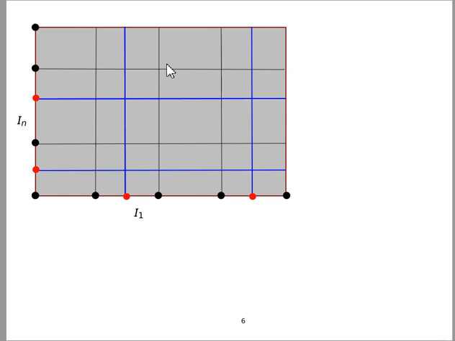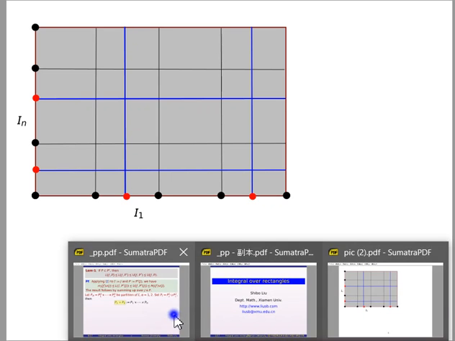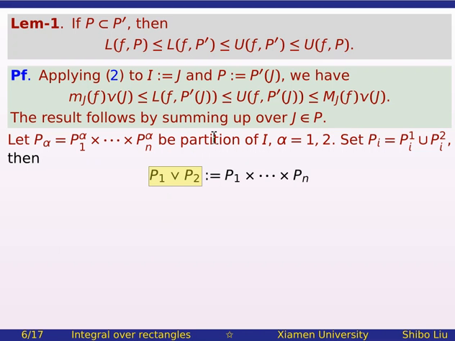For P2 we have 9 rectangles. For P1 we have 12. But for our new partition constructed in this way, denoted by P1 wedge P2, we have 30 rectangles in this picture.